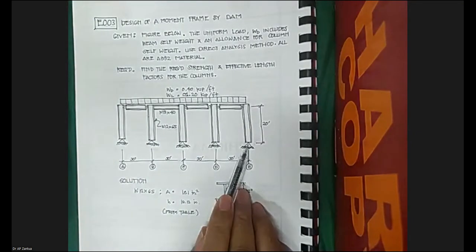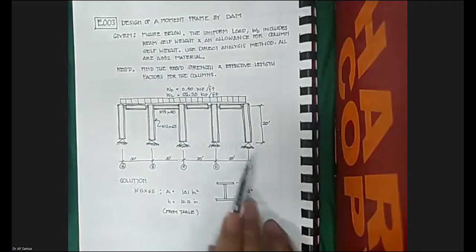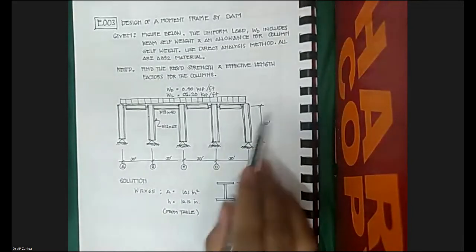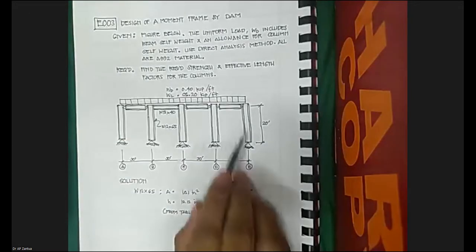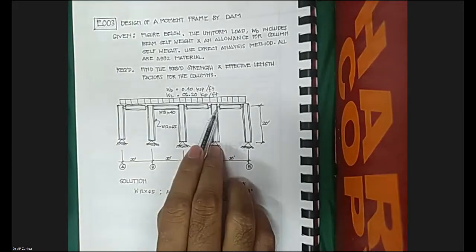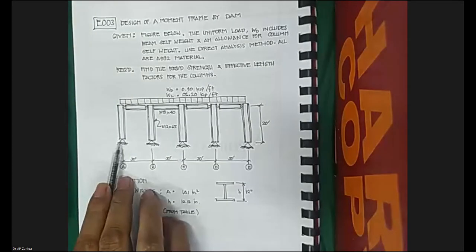So pin here and pin at the top. Pin and roller are the same. We call this pin. Pin here and pin at the top. So A is pin, pin at the top.